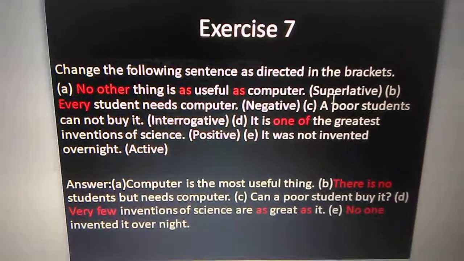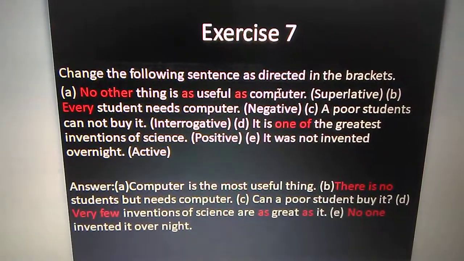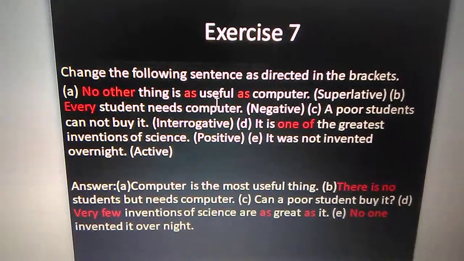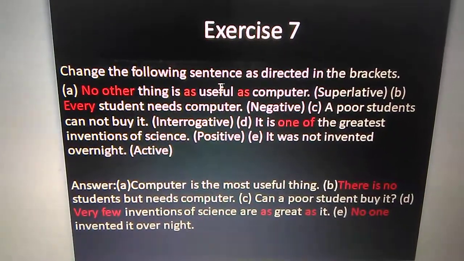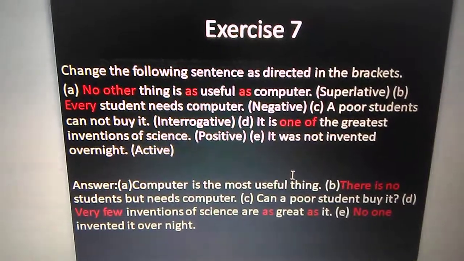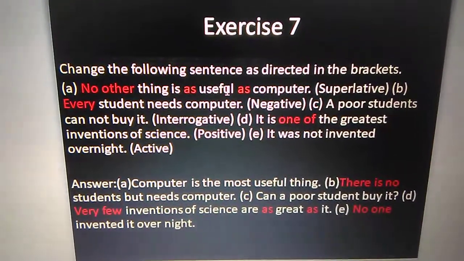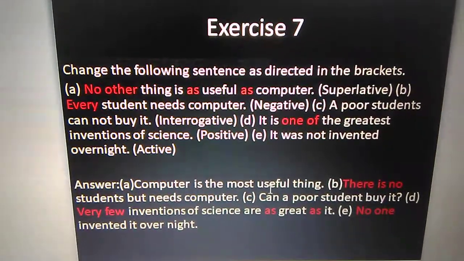Then you have to start with computer, then is, then the superlative form of the positive form. Look here: useful, more useful, most useful. This is the superlative form.